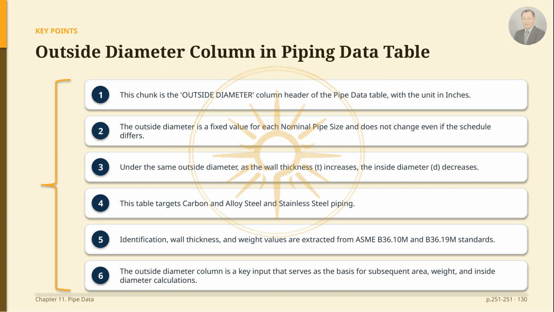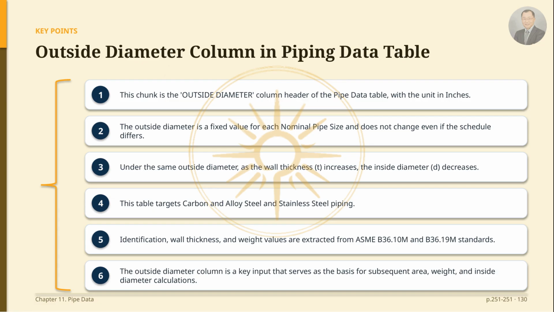Now, I will introduce the outside diameter column in the piping data table. This column represents the outer diameter of the pipe in inches. The most important feature of the outside diameter is that once the nominal pipe size is determined, that value is fixed. For the same nominal size, the outside diameter remains the same even if the schedule or wall thickness grade changes. However, as the wall thickness T becomes thicker, the material fills in toward the inside, so the inside diameter D decreases.